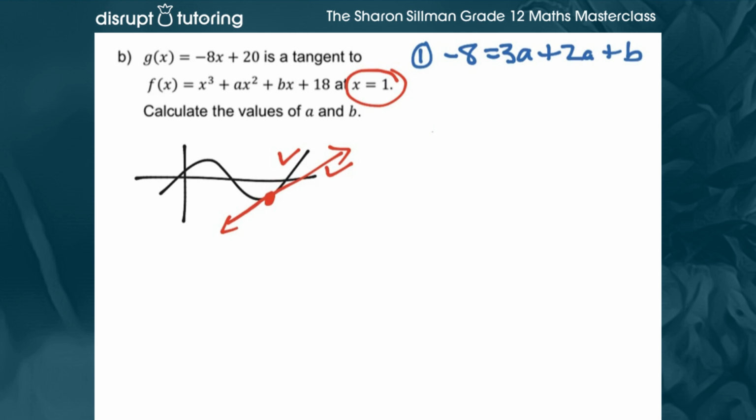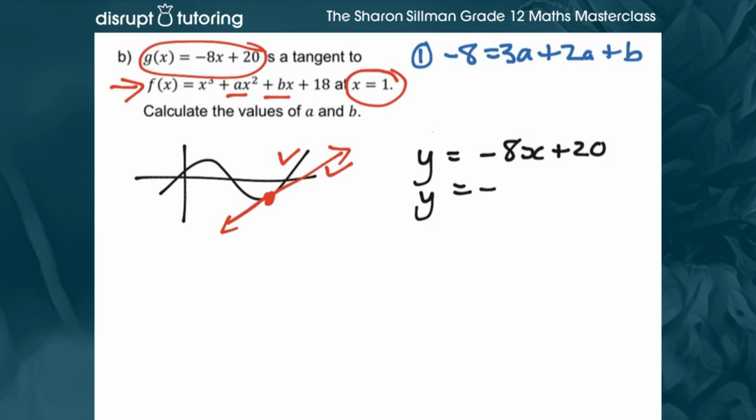Now remember we were given the equation of the tangent, so we're not going to use this function. So this point, remember, lies on the tangent and it lies on the cubic function, but we're not going to get very far with our a because our a's and b's are missing. So we need to substitute 1 into the straight line to find out the corresponding y coordinate. So our line is y equals minus 8x plus 20.